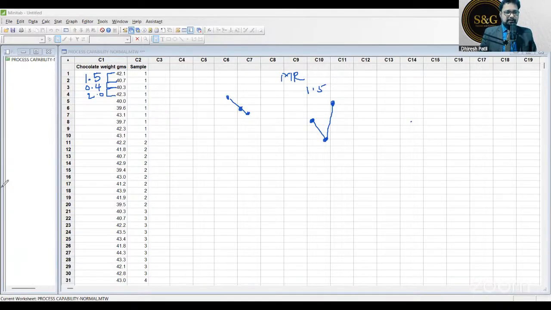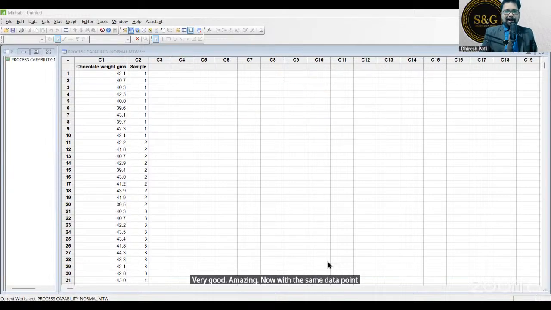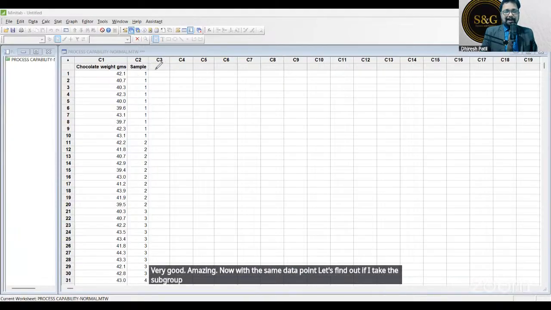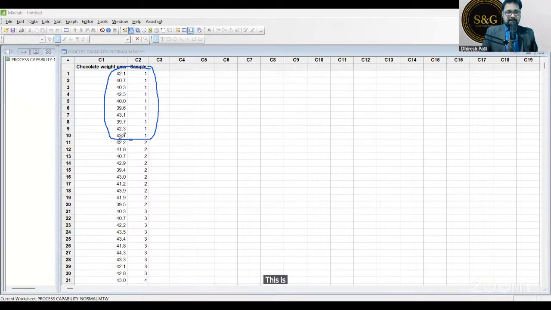Very good. Amazing. Now with the same data points, let's find out what happens if I take subgroups. Subgroup meaning, as you can see here, I have taken 10 samples at a time. This is the first 10 samples. Then these are the second 10 samples.